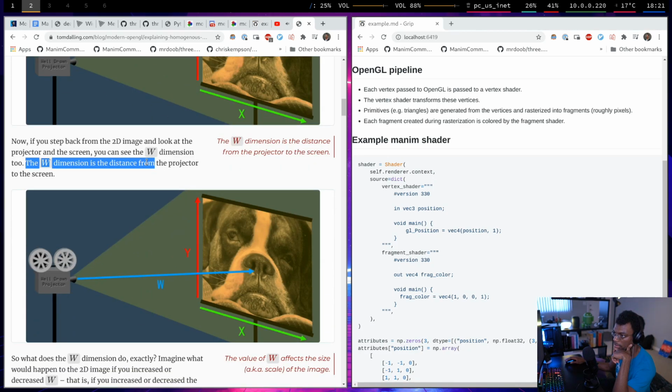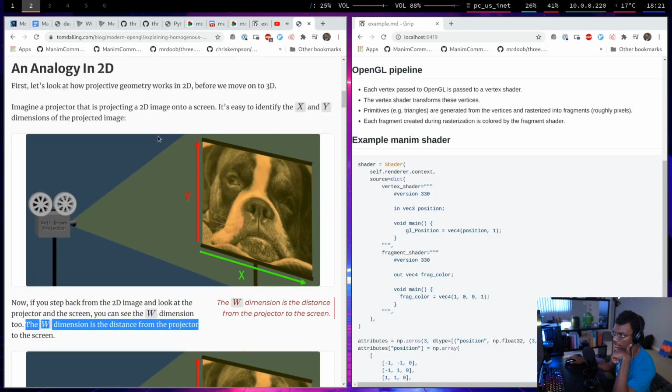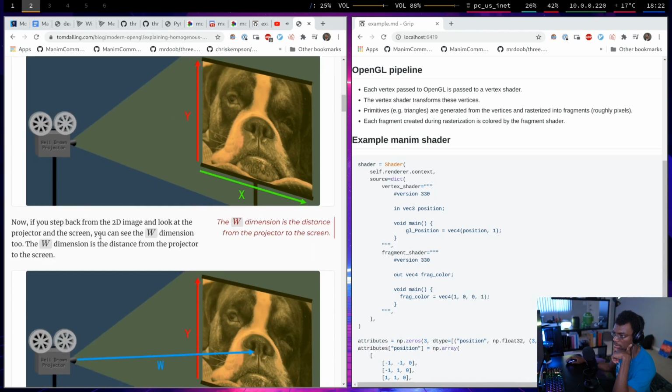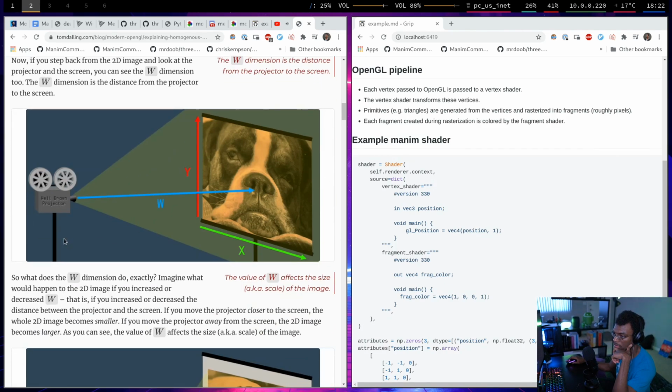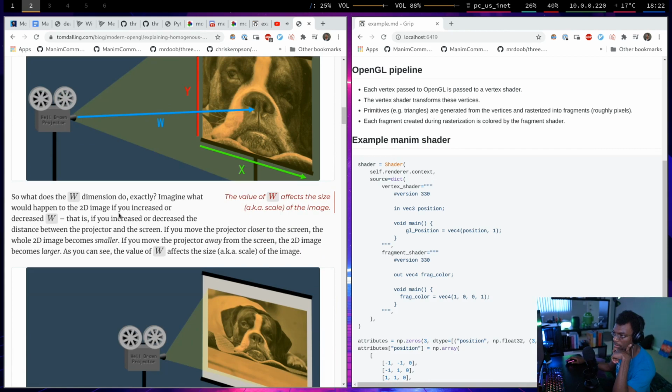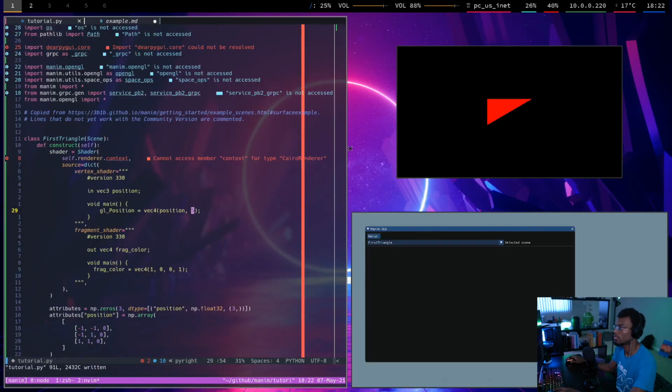So W, if you think of X and Y as the dimensions, then W is the distance from the projector to the screen. So then if you were to move things closer to the screen, that would correspond to making that value smaller, and that would bring it closer, make it look larger.